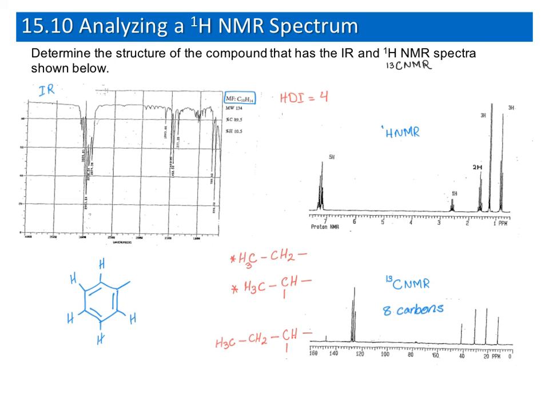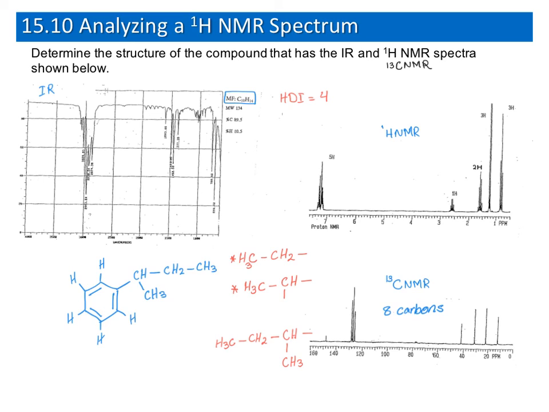Okay, and there is one CH3 here. So this is my substituent, and I can connect it to the ring with this bond. Okay, so this is the substituent that we figured out.